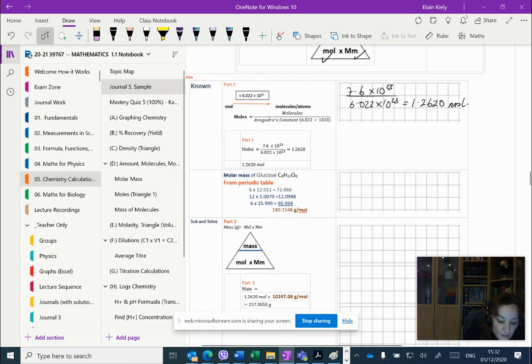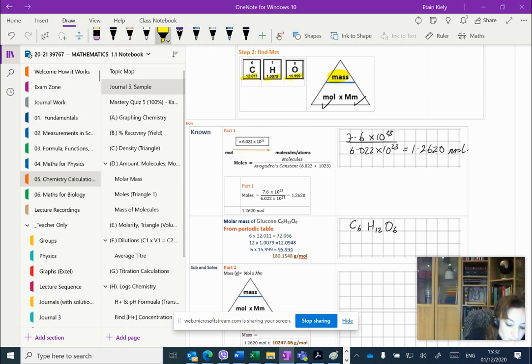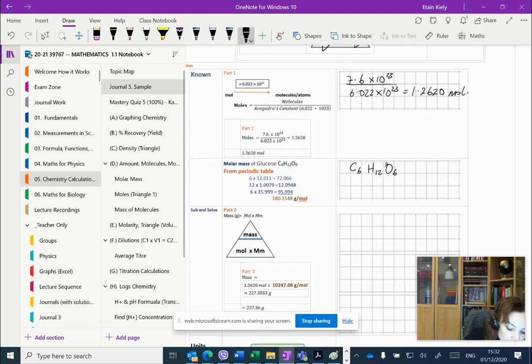We then read off the molar mass. We can see that the molecular formula for glucose is 6 carbon, 12 hydrogen, and 6 oxygen. So we can go to the periodic table and read off these values. We're going to have 6 by 12.011, which gives us 72.066.